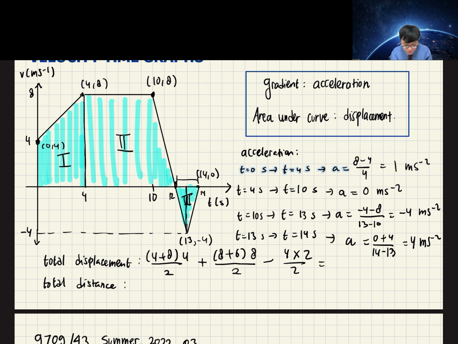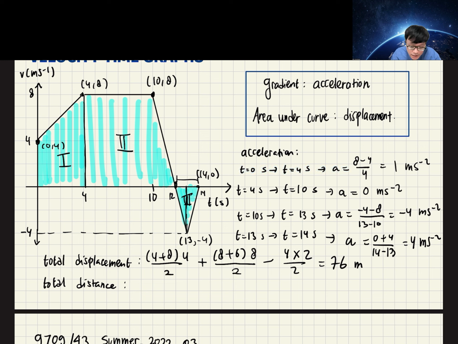So when you calculate this, give me a minute. You calculate each area and then you add them all except the last one, which is negative, because the displacement is moving to the left. You will get 76 meter.